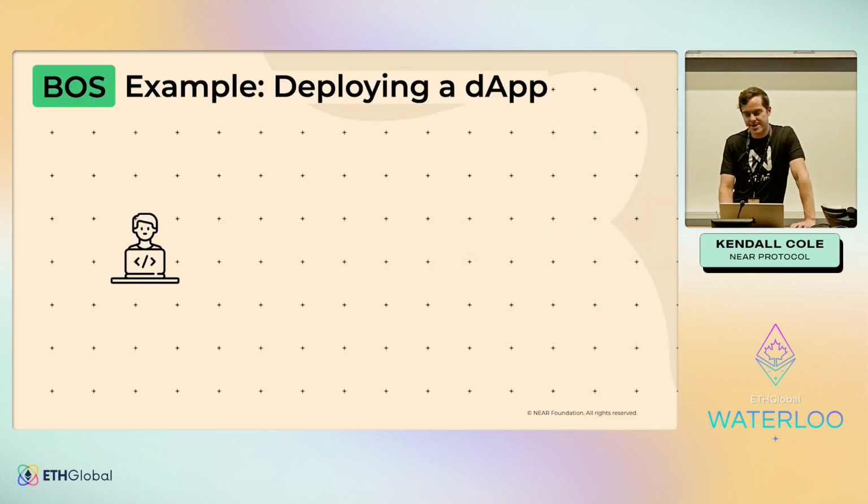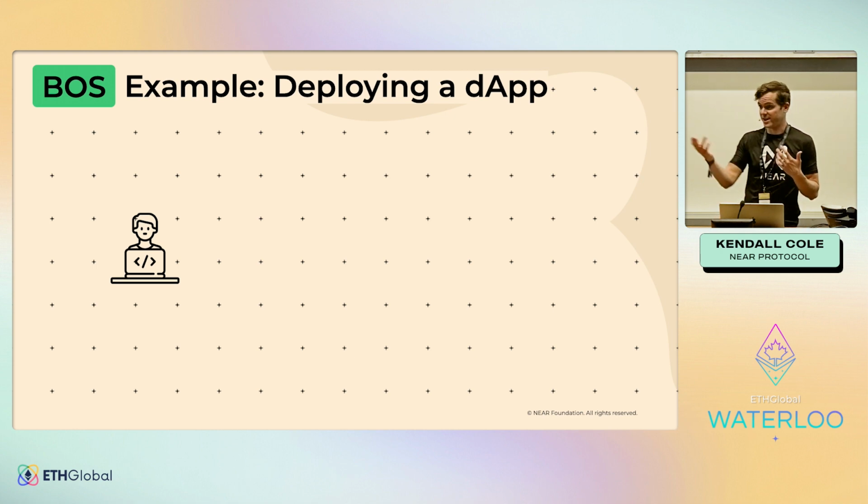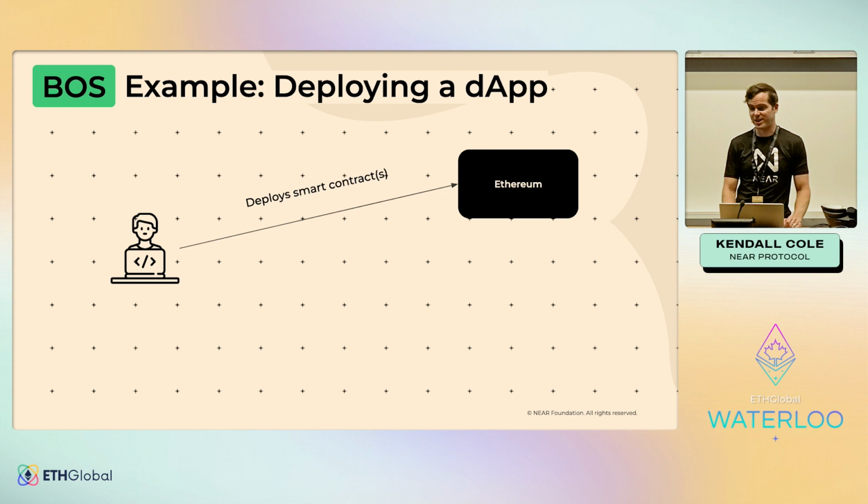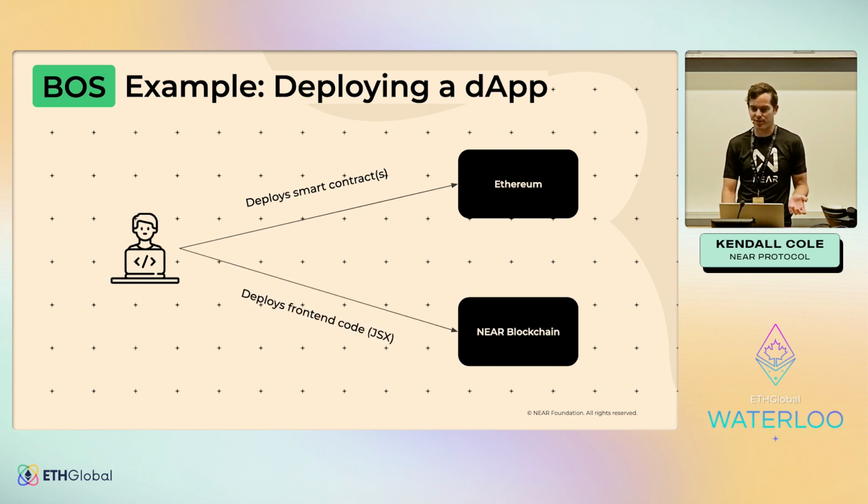So to make it very clear exactly how it works, let's imagine that you guys are developers, and first you're going to deploy a smart contract to Ethereum, and now you need somewhere to deploy your front end. And let's say you choose BOS and you choose the Near blockchain. So what you're going to be doing today is deploying basically React's JSX code, these components.